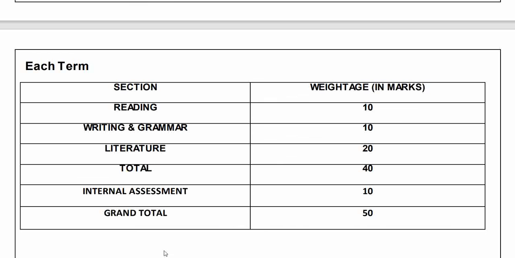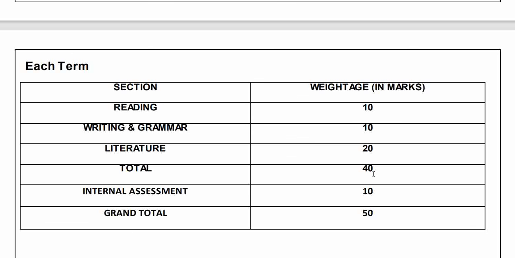When we say percent, this is actually not the raw scores, but you will have a question paper based on reading for 10 marks weightage, writing and grammar 10 marks weightage, literature 20 marks weightage, out of which the total is 40 marks for the written paper, and it is again weightage.